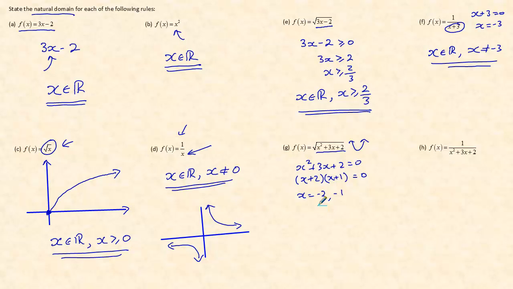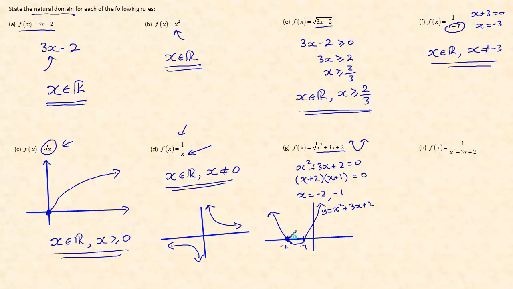So if I were to actually sketch y is equal to x squared plus 3x plus 2, that's going to come like so. So this one is y equals x squared plus 3x plus 2.